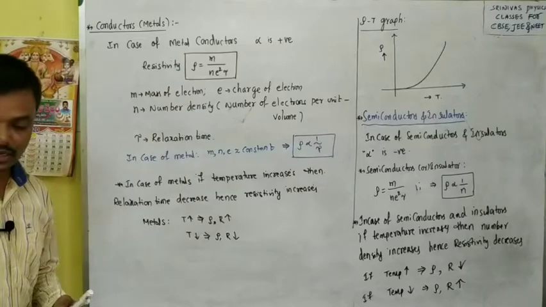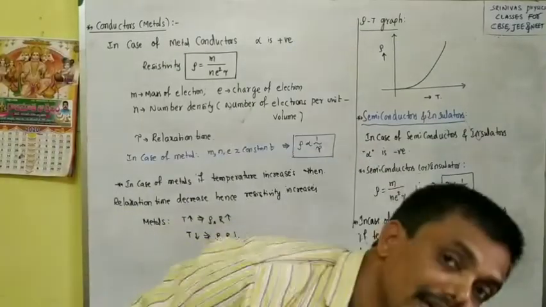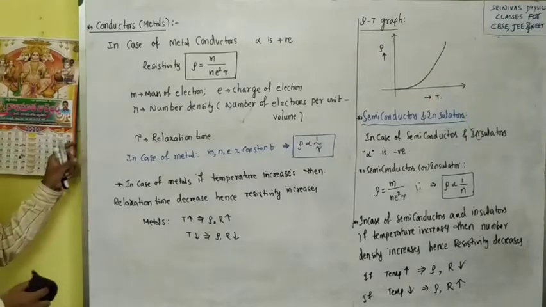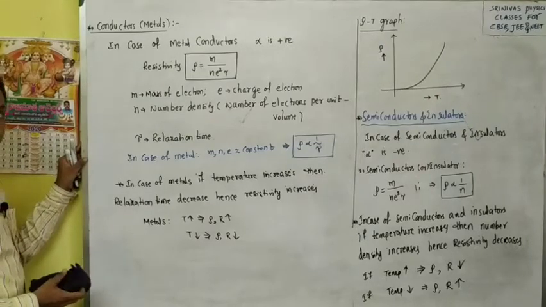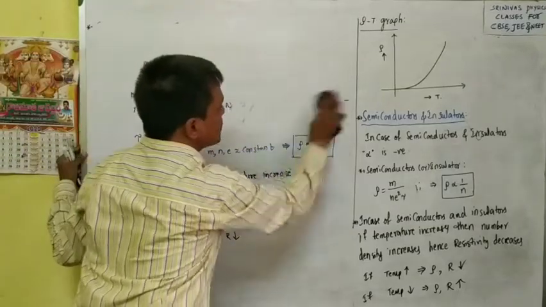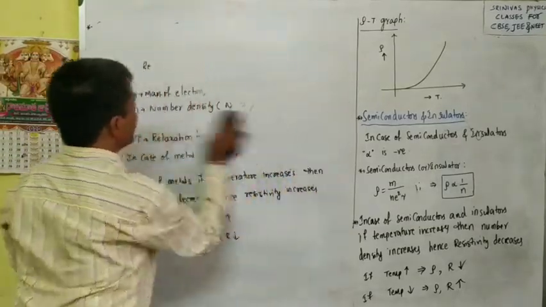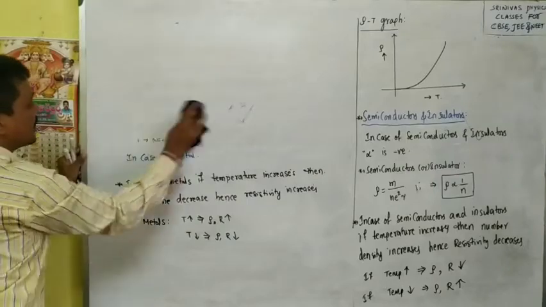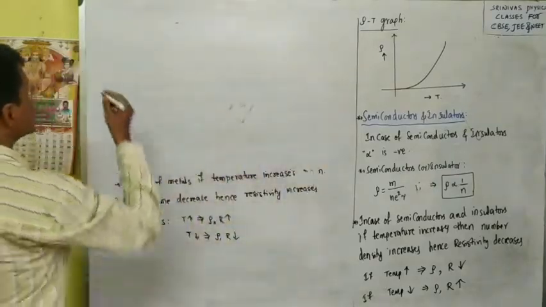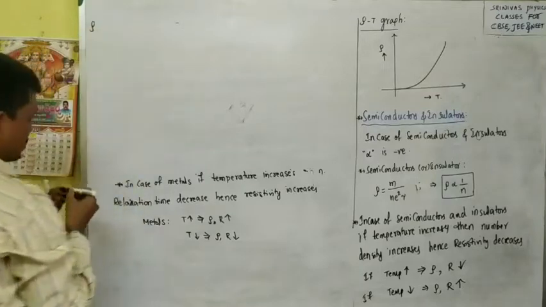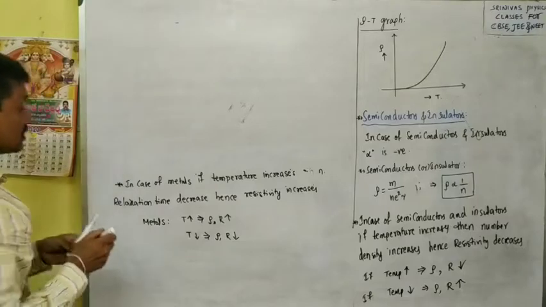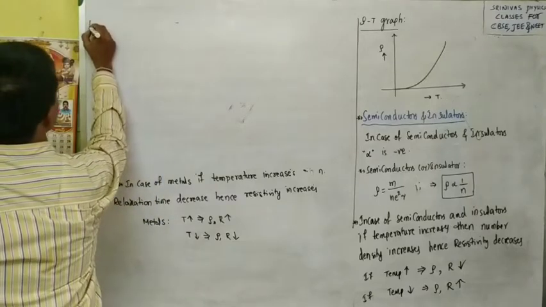For this, if we draw the graph, how will it be? And you take the screenshot and note the points in the notes. Now I want the rho-T graph for the semiconductors and insulators, the resistivity and temperature graph.